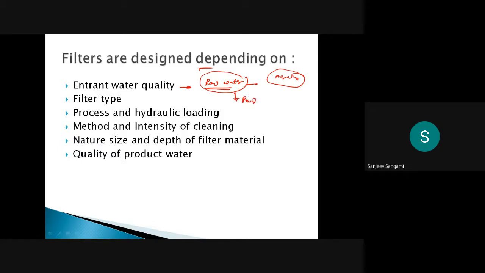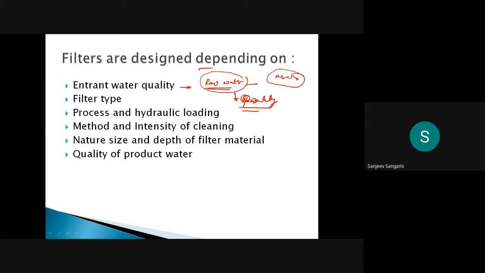It depends on the raw water quality itself. Suppose no sediments are there, no colloidal solids, no pathogens, then why should you provide all these units?